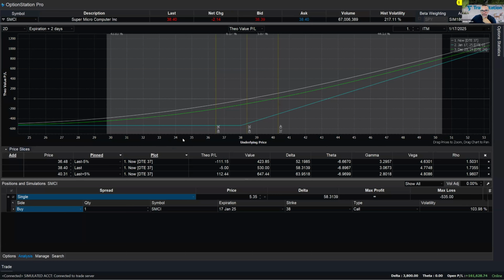We have the prices of Super Micro Computer right here at the bottom. 38 is the last traded price, 38.40. That's where the yellow line is. By the way, the other two yellow lines are hypothetical scenarios of what would happen if Super Micro Computer were down 5% or up 5%.